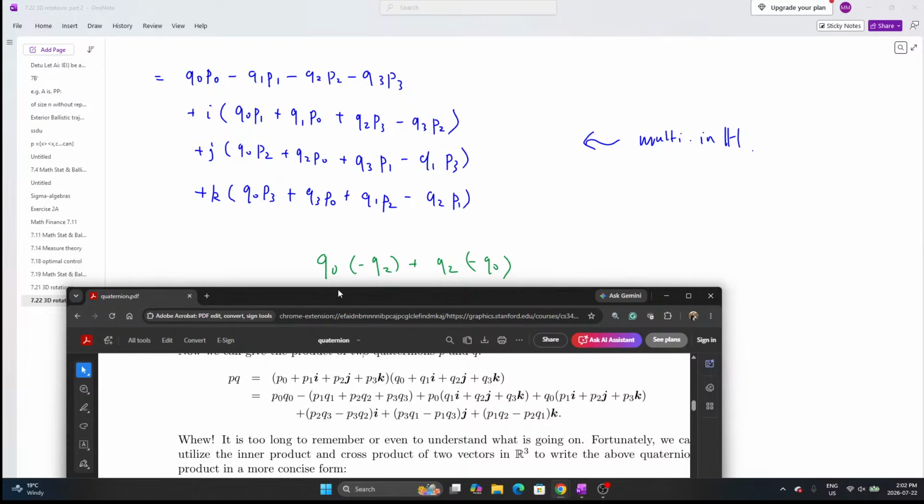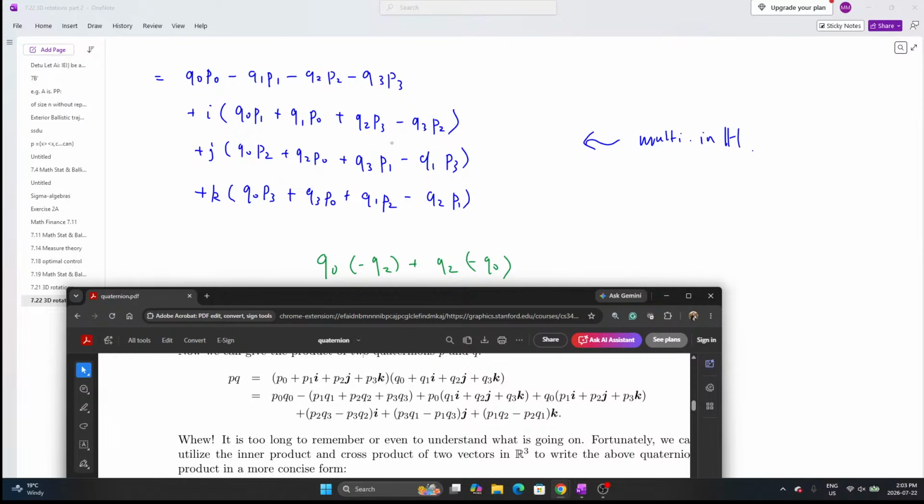Let's try to verify that. P0 times quantity Q1i plus Q2j plus Q3k is this column here. And Q0 times P1i, P2j, P3k is this column here. So we're good. Hold on a second.